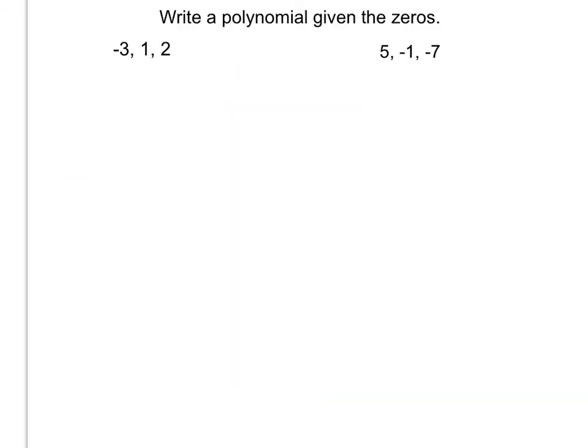The last thing I want to show you here is writing a polynomial when you're already given the zeros. So we're going to work backwards on this. So real quickly, we have zeros of -3, 1, and 2. So what that really means to us is we know that x equals -3, x equals 1, and x equals 2.